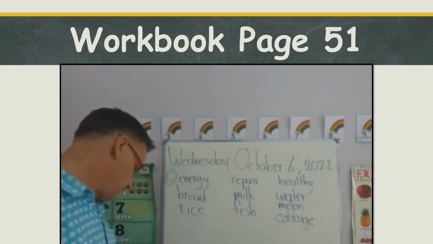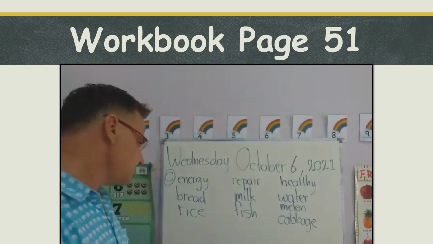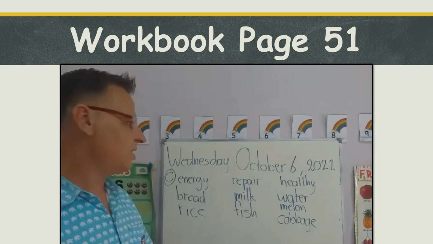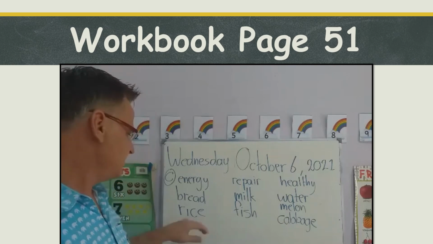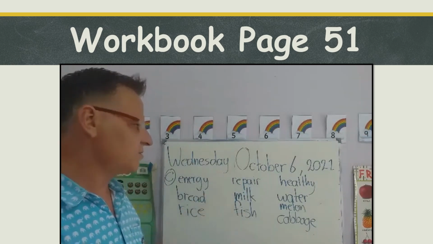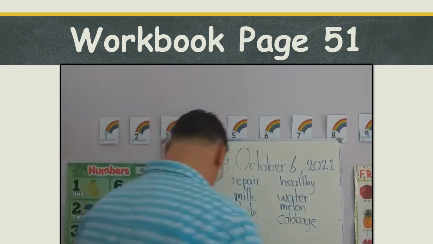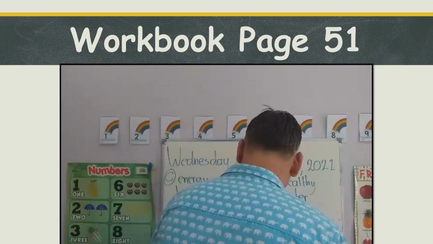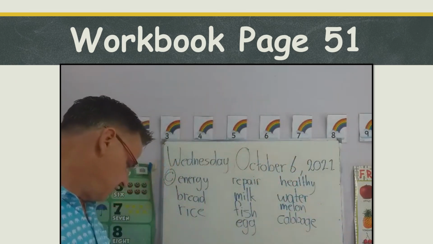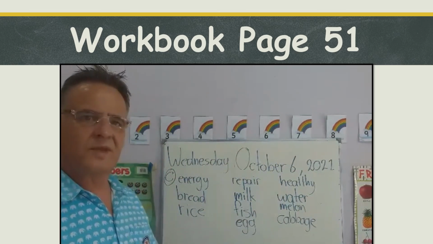Okay, then the next one, egg. What is in egg? Egg has a lot of proteins and a little bit of carbohydrates, but mostly proteins, so egg goes under repair. Then we have two more. Noodles.